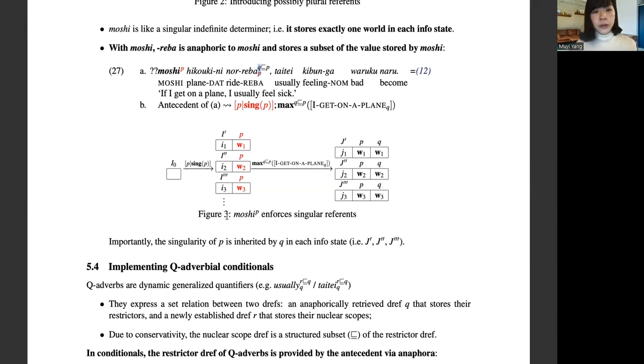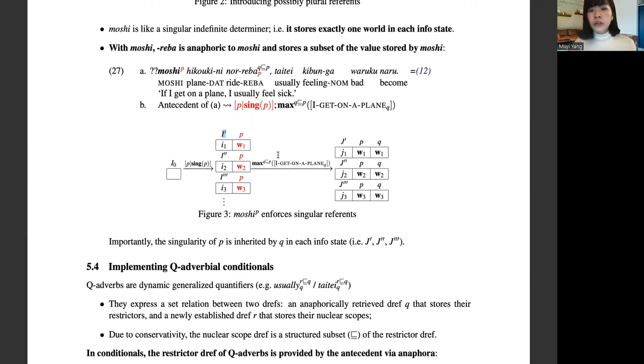Okay, so the interpretation of the sentence goes as you can see in figure 3. We will first need to introduce randomly a set of worlds. We will need to store worlds into P, but at the same time need to make sure that with respect to each information state, there is exactly one situation. So we will therefore end up having an I prime where only W1 is stored for P, and also I prime prime and so on and so forth.